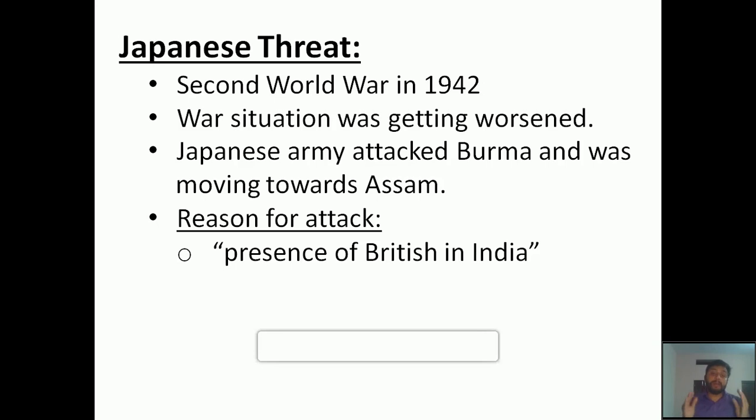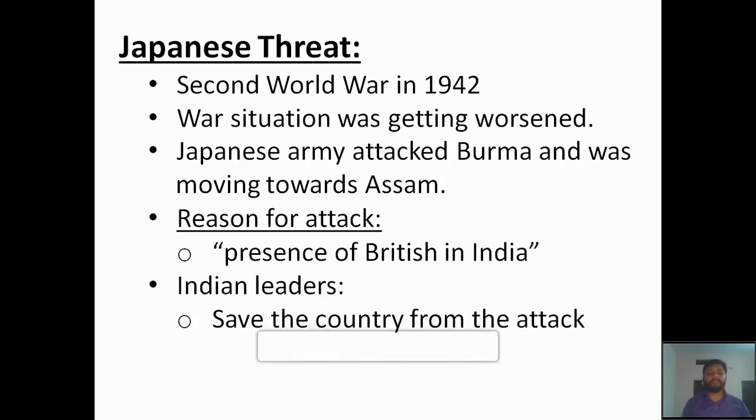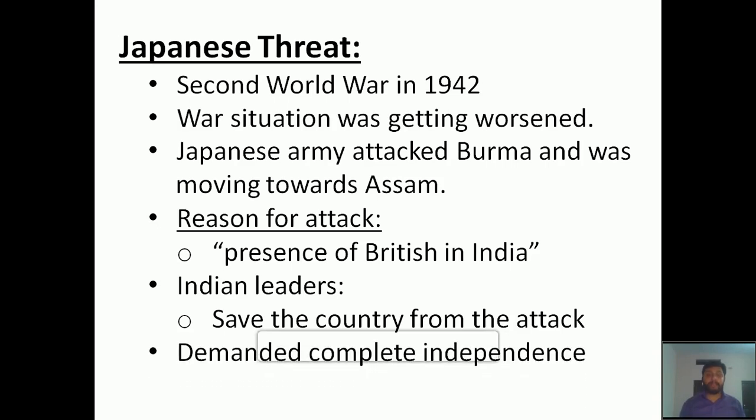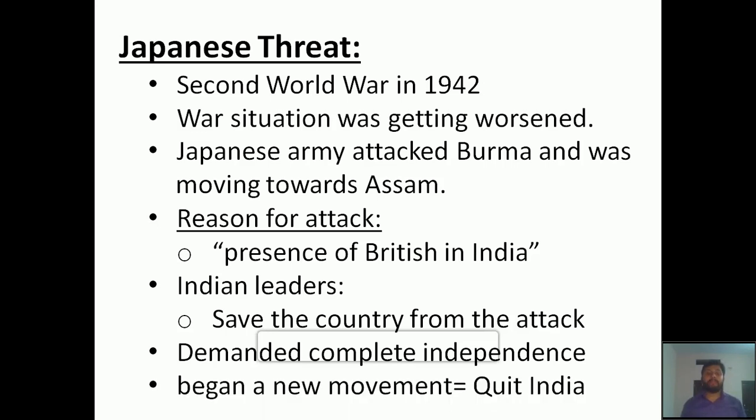So in such a situation, the Indian leaders understood that rather than opposing the British, it was very necessary to save the country from the attack. So that's why the leaders demanded complete independence. In order to achieve this complete independence, finally a new movement began, which is known as the Quit India movement.